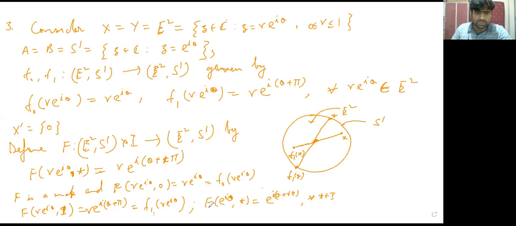So this maps S1 to S1 for every t. So if you fix t and write F_t of R exponential I theta, then this F_t actually maps S1 to S1 for every t.